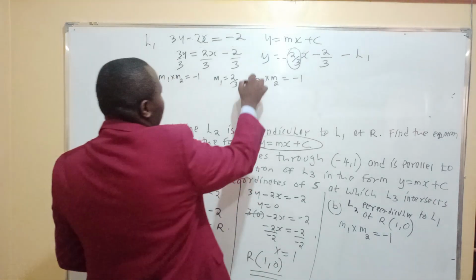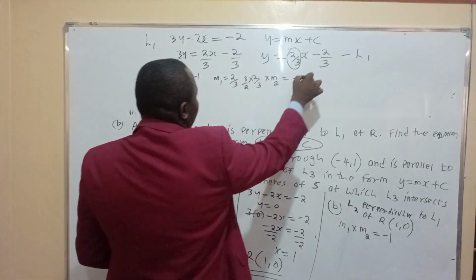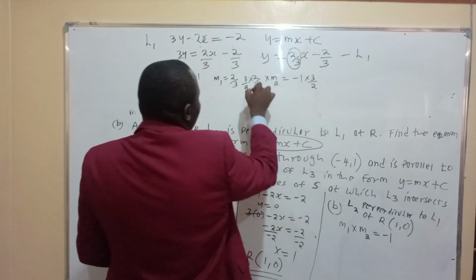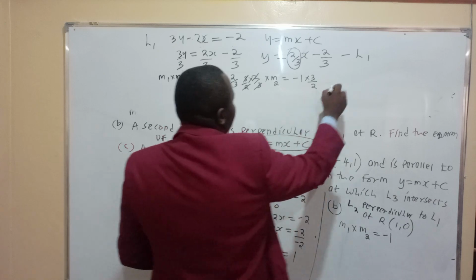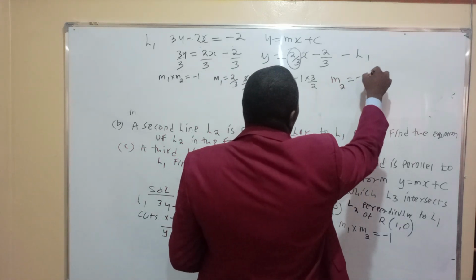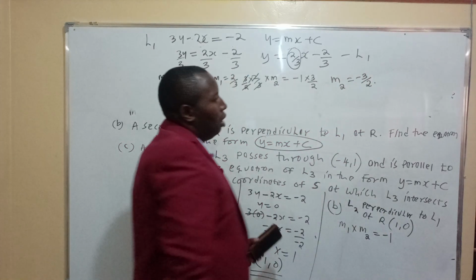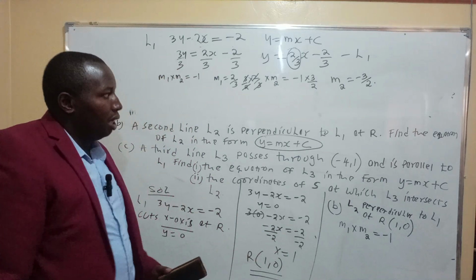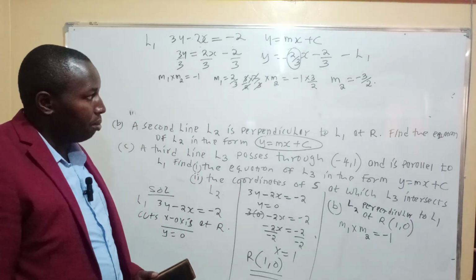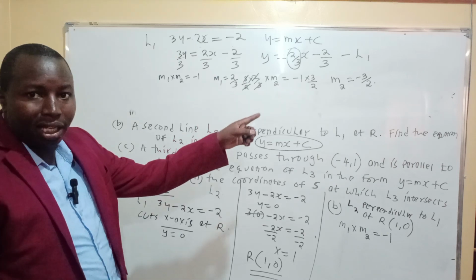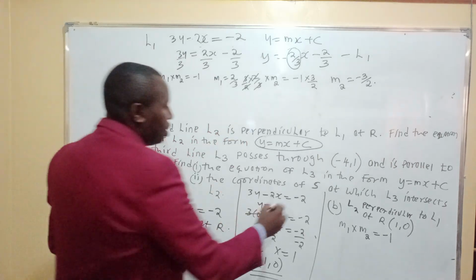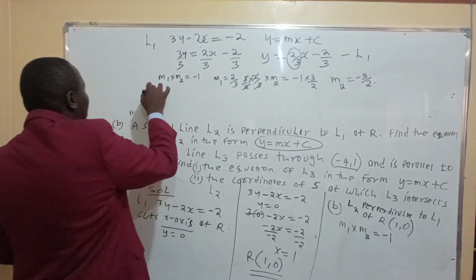Multiply both sides by 3 over 2, and our M2 is equal to -3 over 2. That's M2, the gradient.